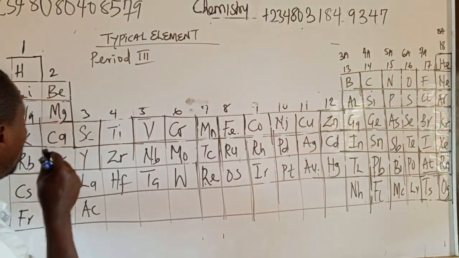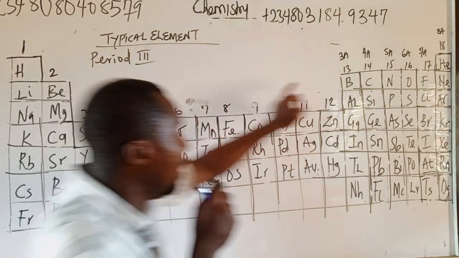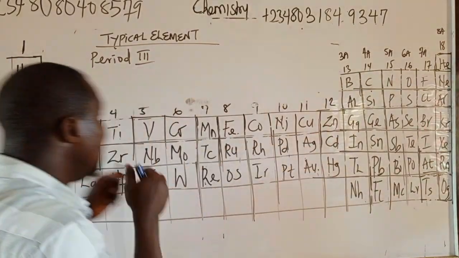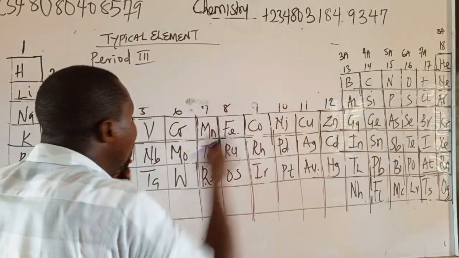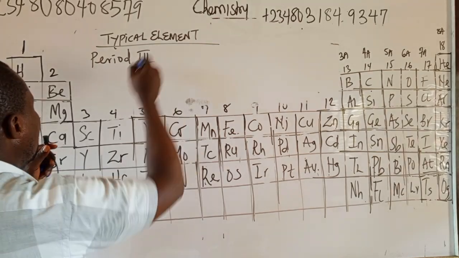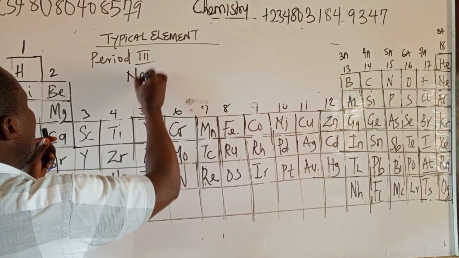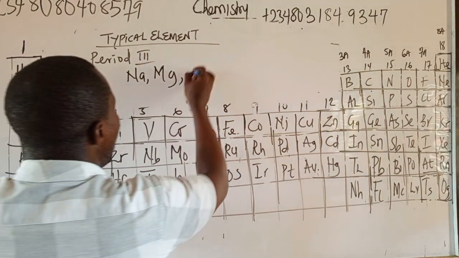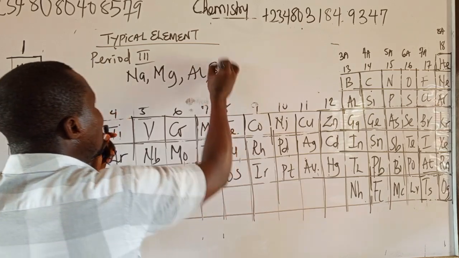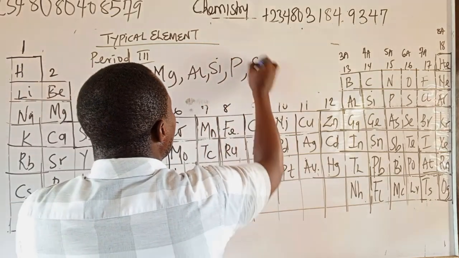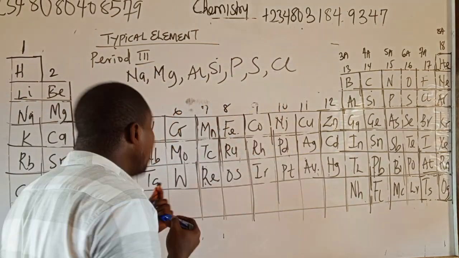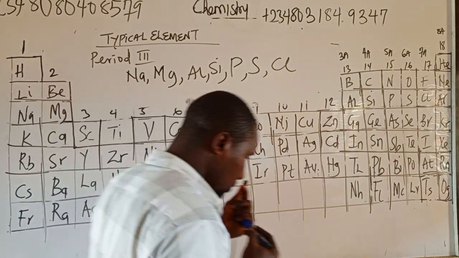This is period 2: lithium, beryllium, and the rest. Then these are period 3 elements: sodium, magnesium, aluminium, silicon, phosphorus, sulfur, chlorine. They are known as typical elements.